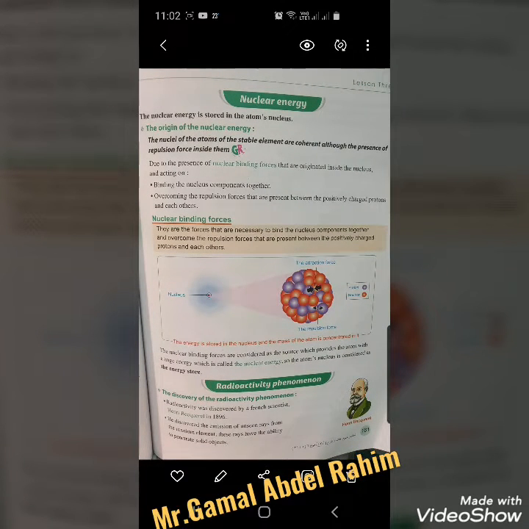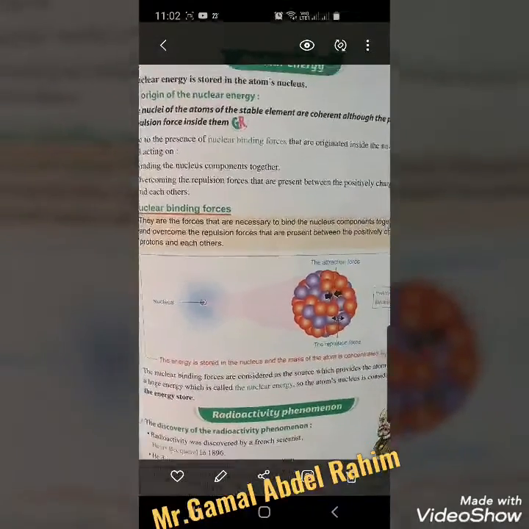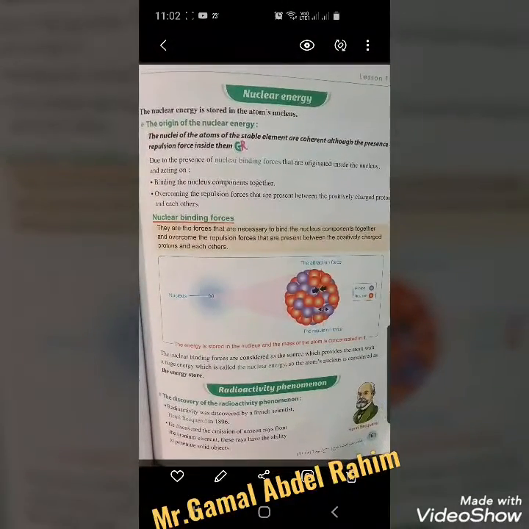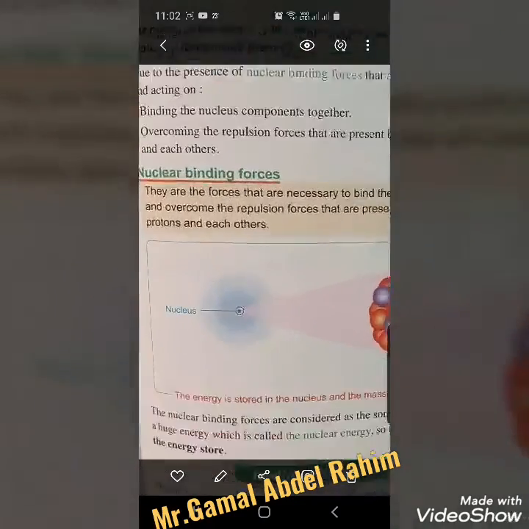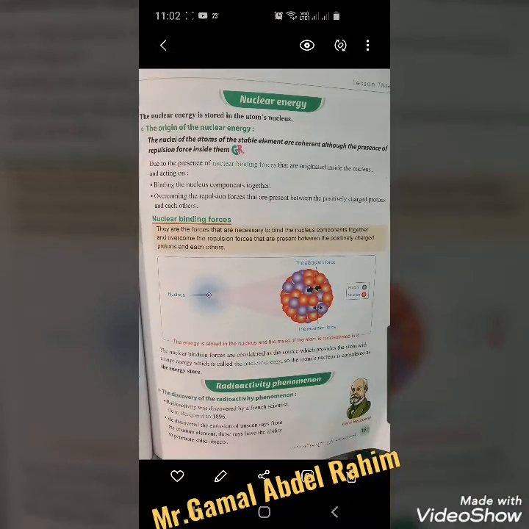The nuclear binding forces are the forces that are necessary to bind the nucleus components together and overcome the repulsion force between the positively charged protons. So the nucleus of the atom is coherent and stable due to the presence of nuclear binding forces.